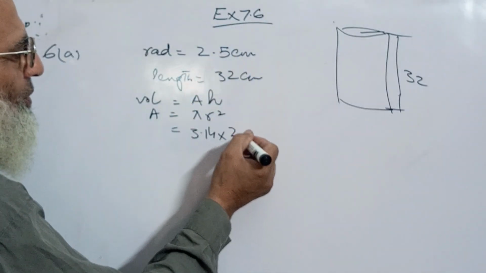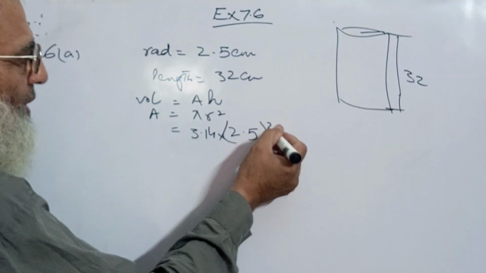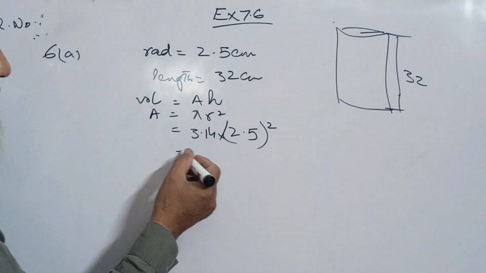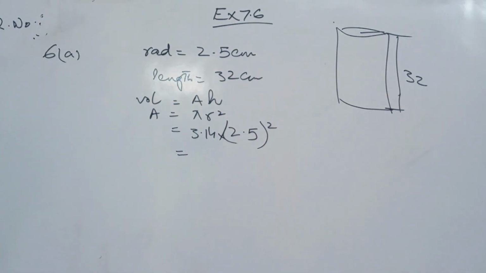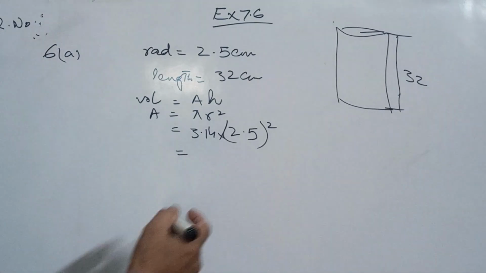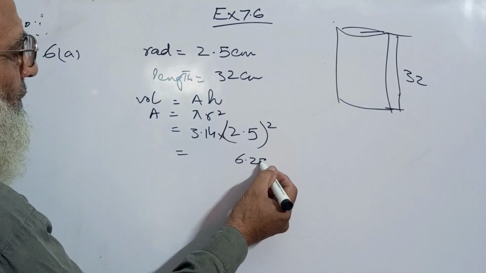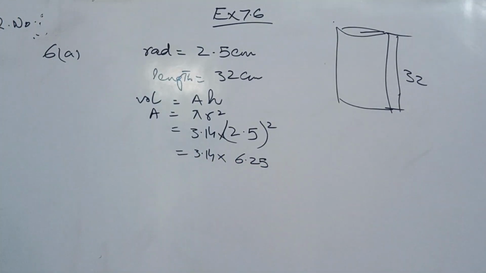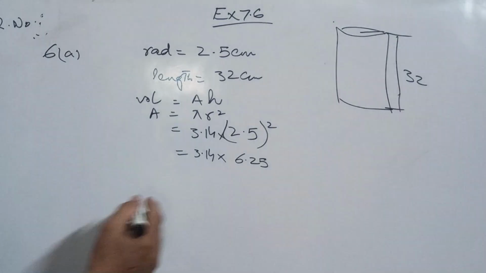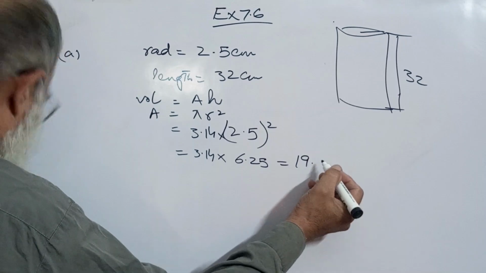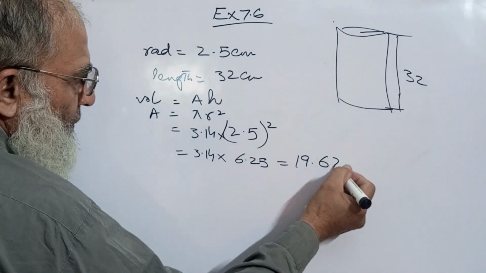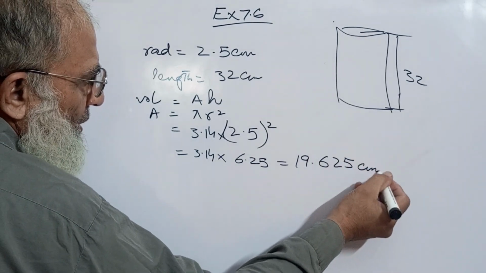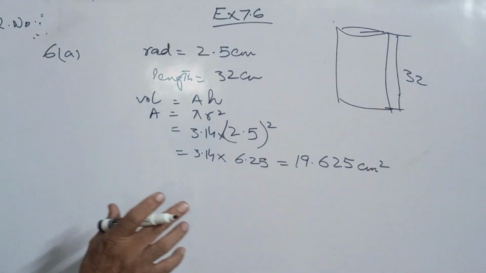Since this is the radius, no need to change it. 2.5 squared is equal to 6.25. This is 6.25 multiplied by 3.14, so this is 19.625 centimeters squared. This is only the area.